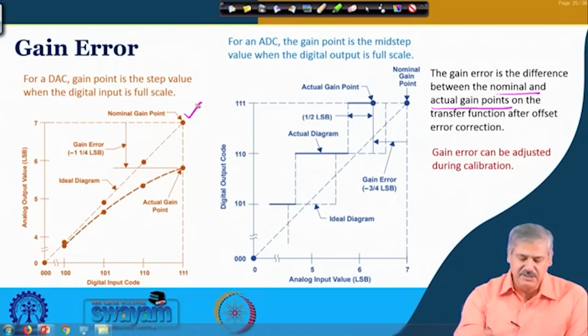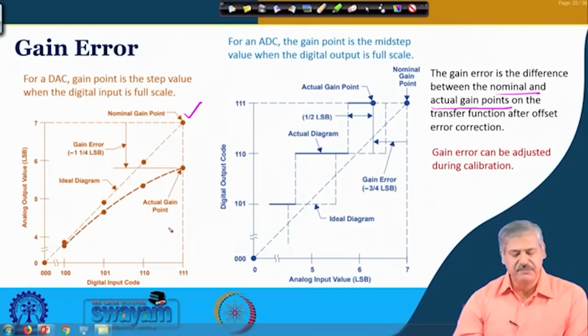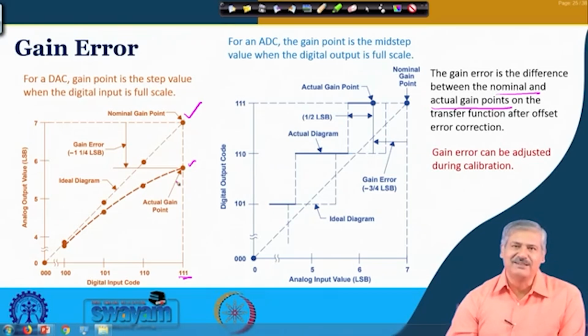So nominal gain point is basically following the transfer function, right. So this is your digital input code, and this is the analog output. So this is for the DAC, right. So this is where it should reach, okay. But for the full scale value, it has gone up to this, right. So this is your actual gain point. So this difference is your gain error.